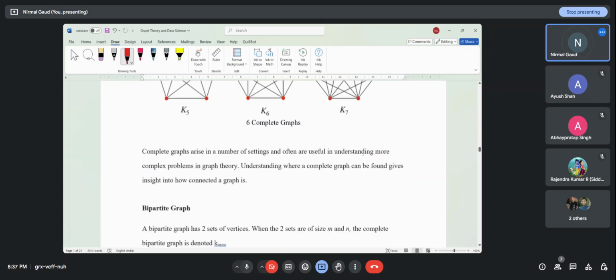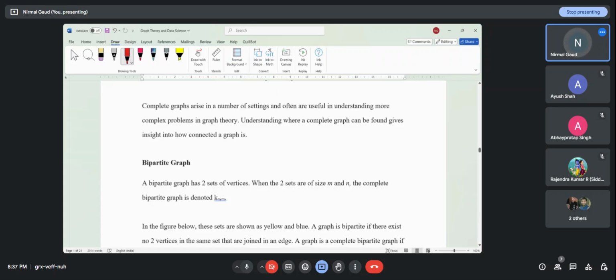Complete graphs arise in a number of settings and are often useful in understanding more complex problems, because here, from one node to another node, you are trying to identify the relationship. If we have multiple relationships between the nodes, that's what we do in a neural network also.